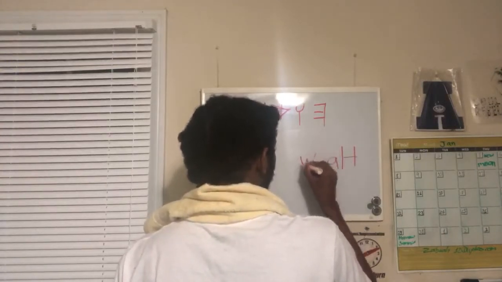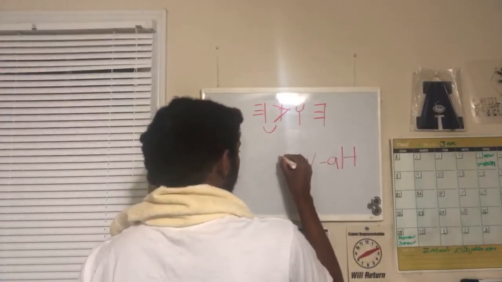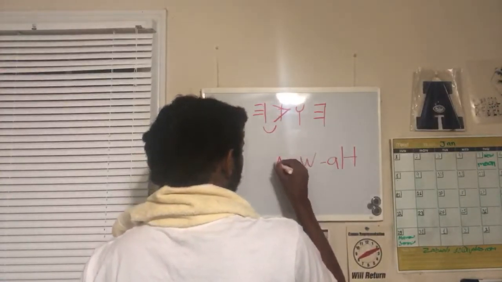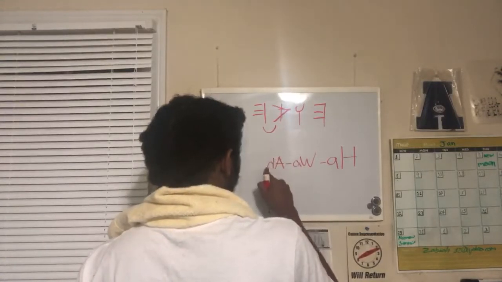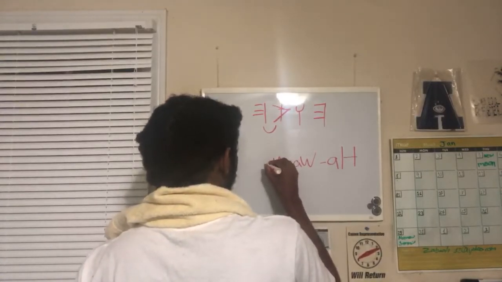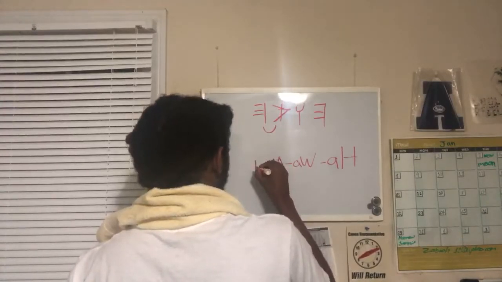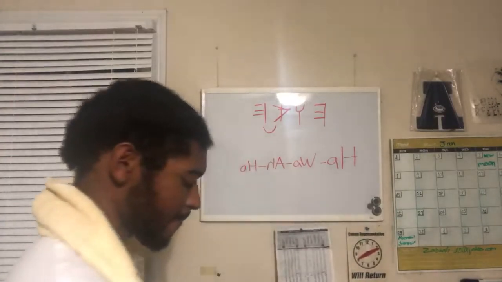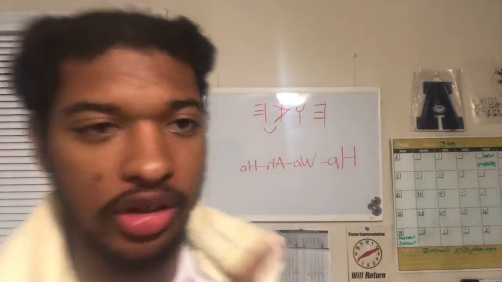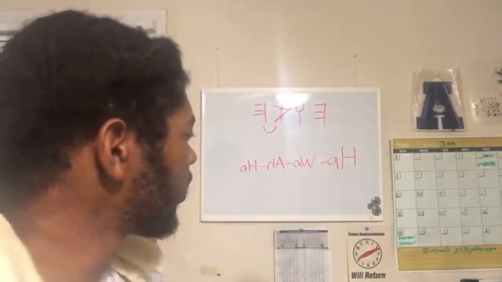This is wa, and this is the ending. Now, it looks a little different than what I showed you previously, but that's it. That's ha, wa, ah, ha.